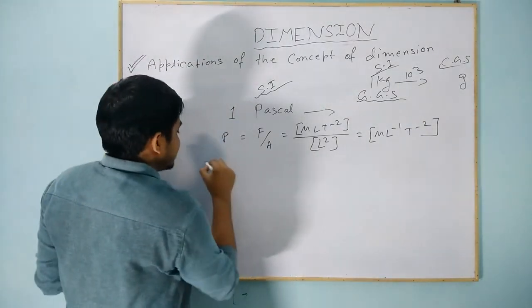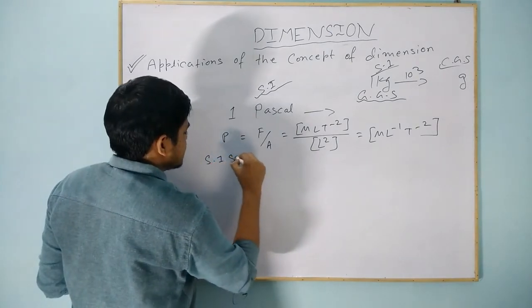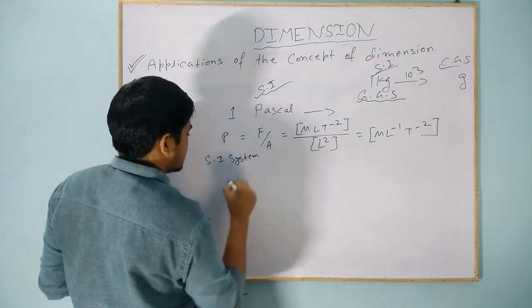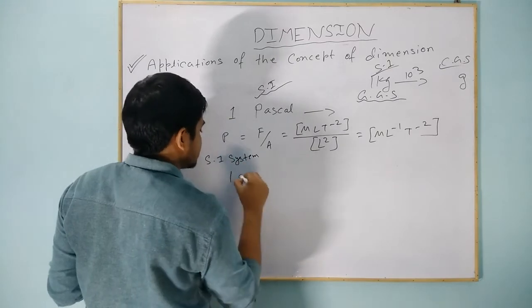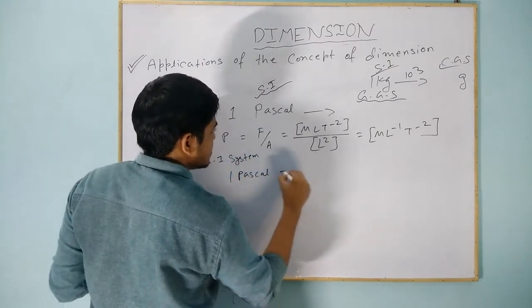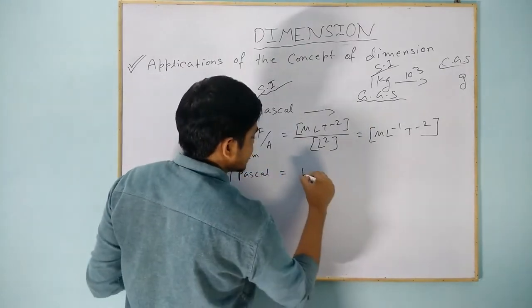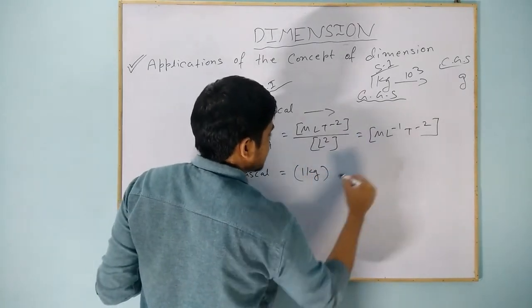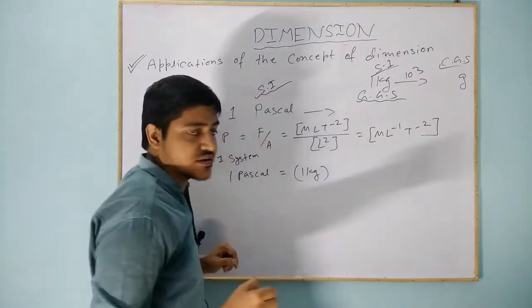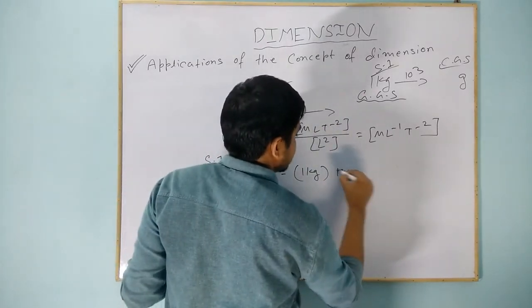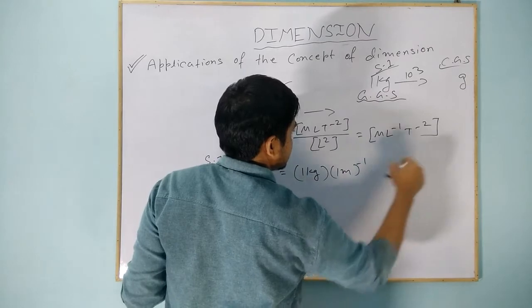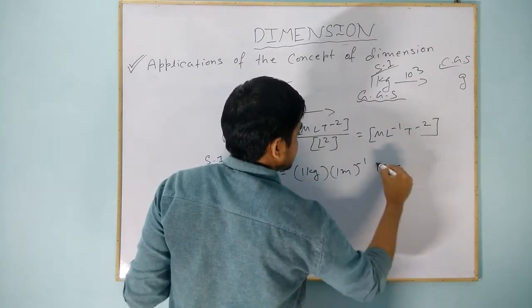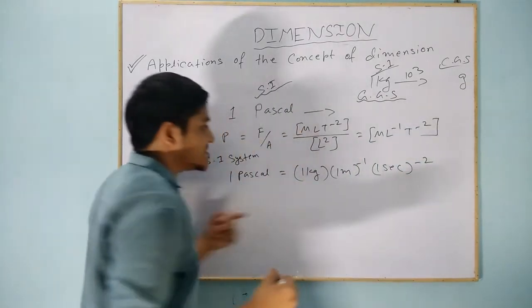We can write that in SI system, 1 Pascal of pressure is equal to mass, as in SI system the unit of mass is 1 kilogram, into the unit of length, meter, 1 meter raised to the power minus 1, times 1 second raised to the power minus 2. This is in SI system.